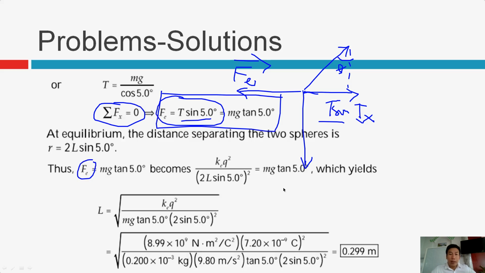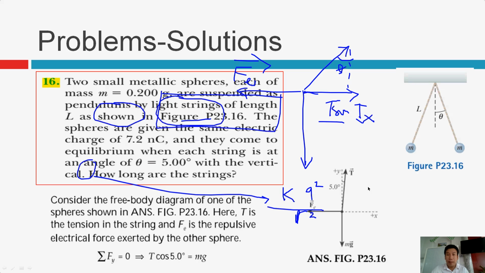How about Fe? Fe needs to be equal to k q squared divided by R squared. Oh, okay. How about R? Please look at this.